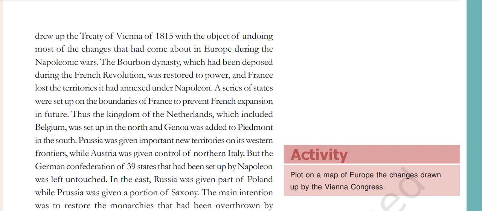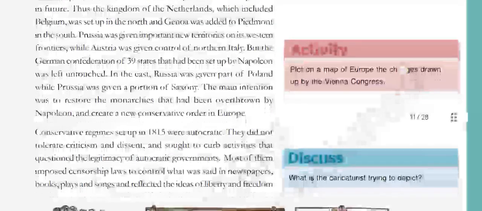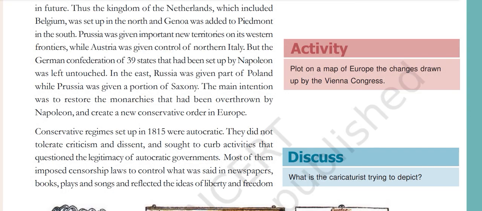In the east, Russia was given part of Poland, while Prussia was given a portion of Saxony. The main intention was to restore the monarchies that had been overthrown by Napoleon and create a new conservative order in Europe. Conservative regimes set up in 1815 were autocratic.